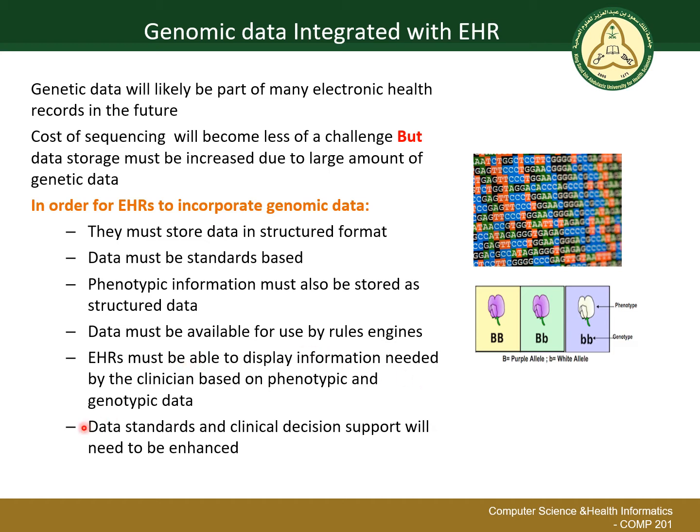And lastly, data standards and clinical decision support will need to be enhanced. As we said, we need to make changes to data standards to include the genetic information and also develop computer-based clinical decision support tools to help the clinician to use genetic information to treat a specific condition with a strong genetic component such as breast cancer.